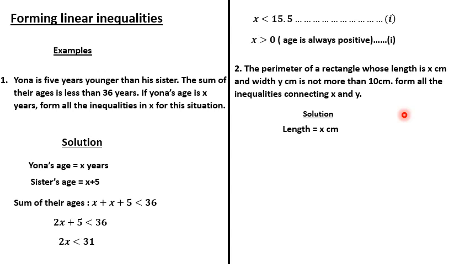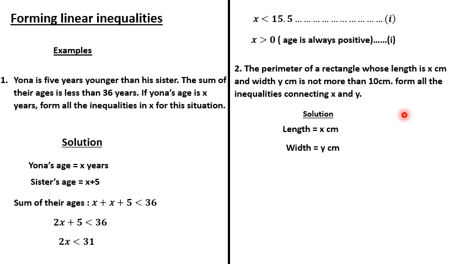So we can say length is equal to x centimeters, that is given. Width is also given to be equal to y centimeters, and then you are told that the perimeter of the rectangle is not more than 10 centimeters. Not more than represents less than or equal to.